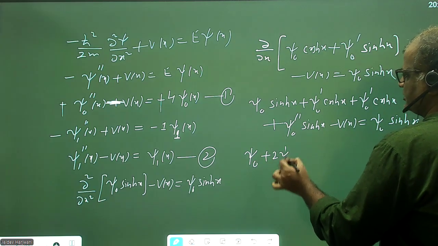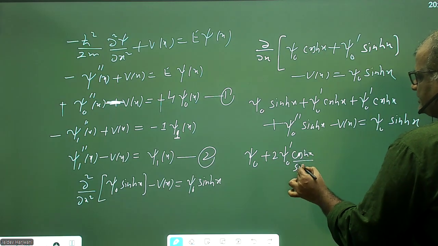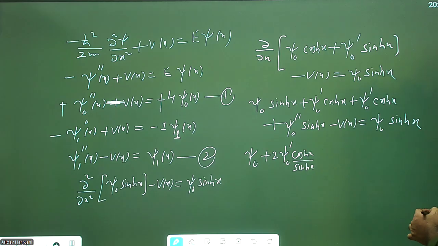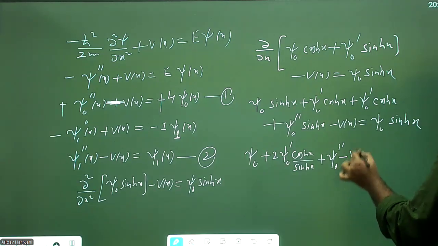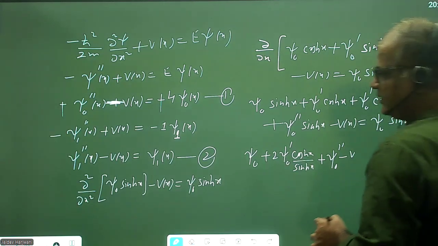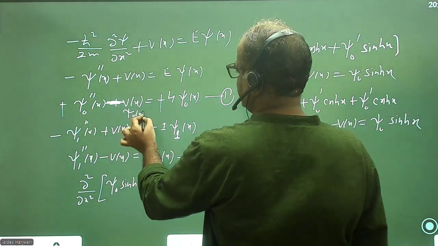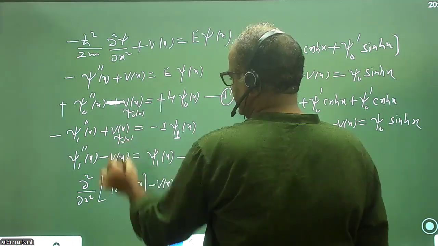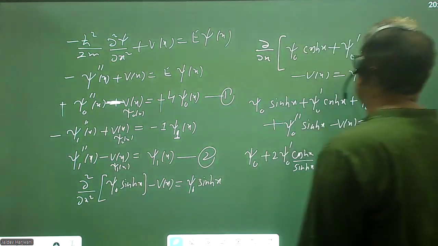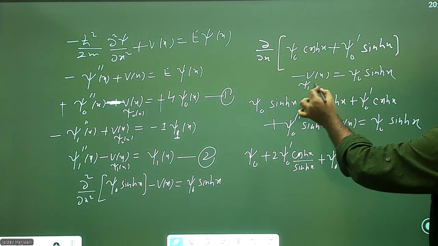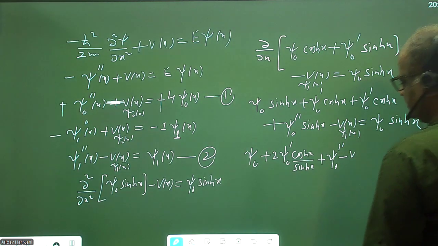Now if you divide by sine hyperbolic x, this equation becomes psi naught double dash plus 2 psi naught dash cos hyperbolic x divided by sine hyperbolic x, minus Vx psi naught x. Vx psi naught x is also there on the other side.